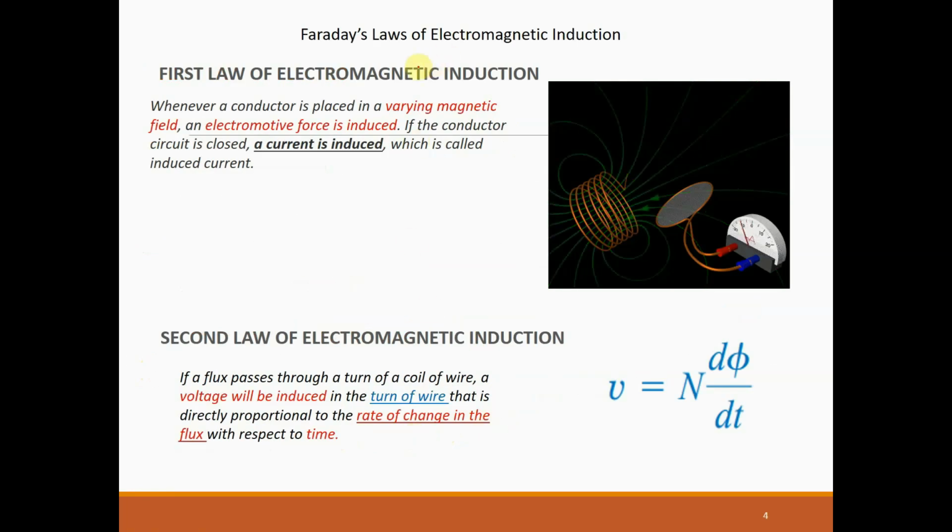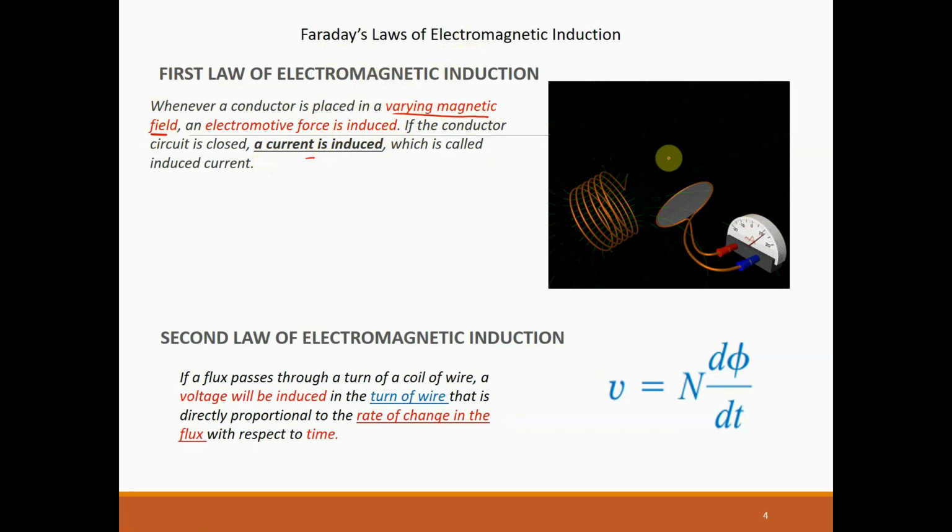Now, let us go back to basics. The first law of electromagnetic induction of Michael Faraday states that whenever a conductor is placed in a varying magnetic field, take note of this, an electromotive force is induced. If the conductor circuit is closed, a current is induced.